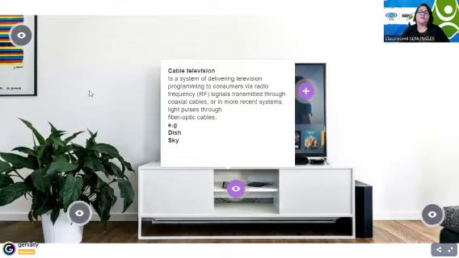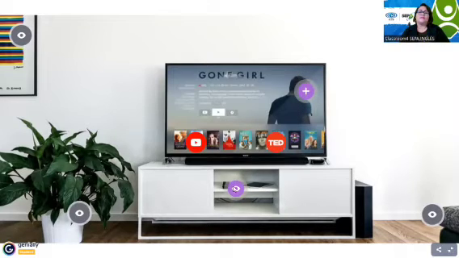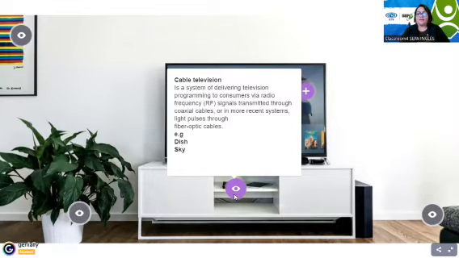Sometimes we have these elements, but now we are going to discover how they are defined in English, of course. Cable television is a system of delivering television programming to consumers via radio frequency signals transmitted through coaxial cables, or in more recent systems, light pulses through fiber optic cables.